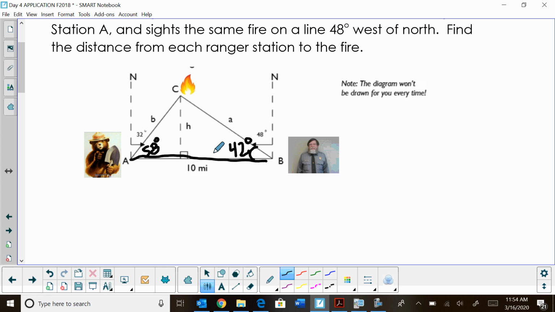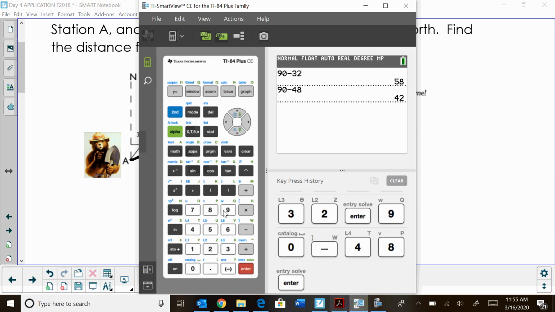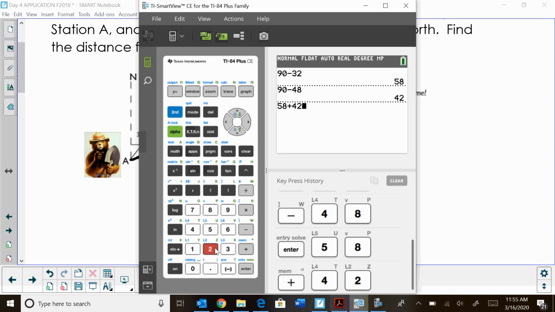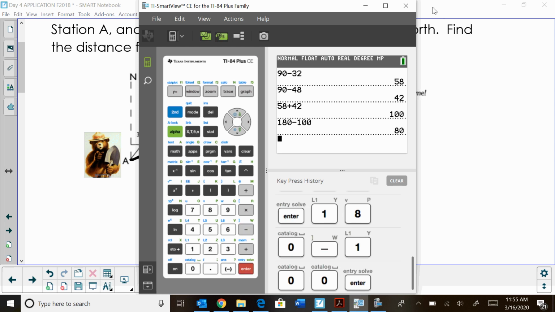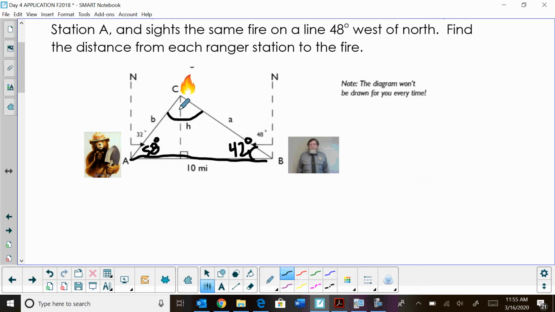But I can figure out what C is because I do know two of the angles. So now I'm going to take 58 plus 42, and that gives me a sum of 100. And I know there are 180 degrees in a triangle. So let's subtract that from 100, and we get, of course, 80 degrees. So that means angle C is 80 degrees.